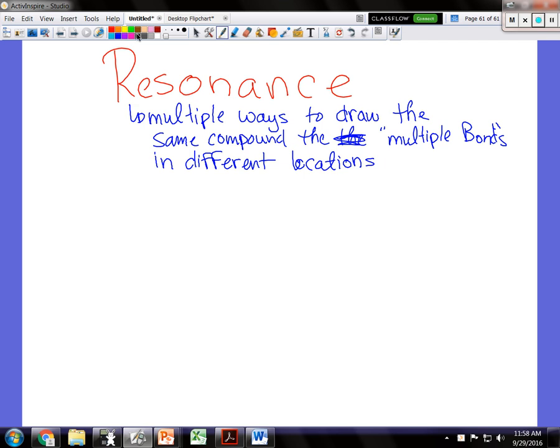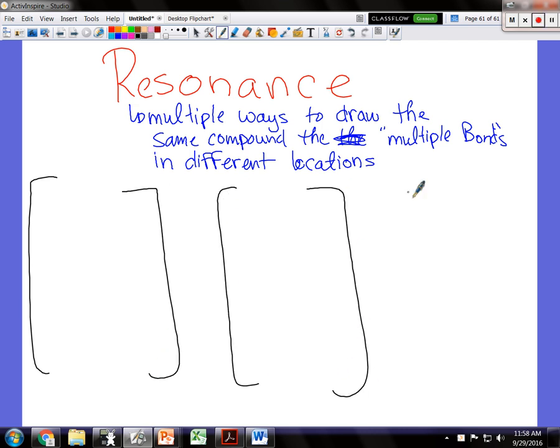Alright, so here's what I'm going to do. You don't have to. Don't worry about the spacing. So I'm just going to do it like this.